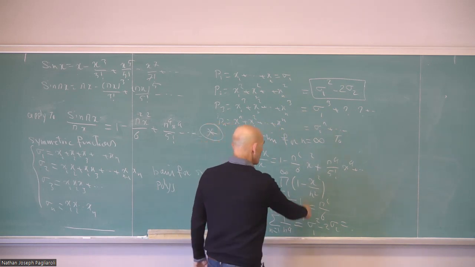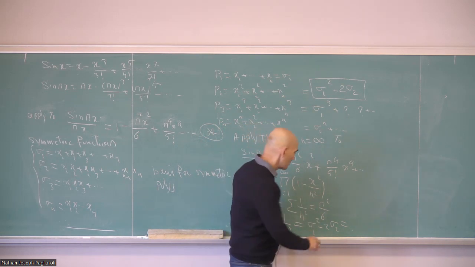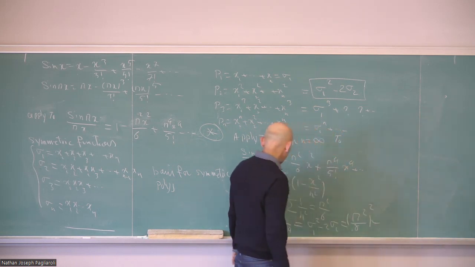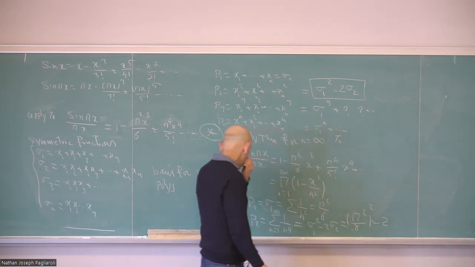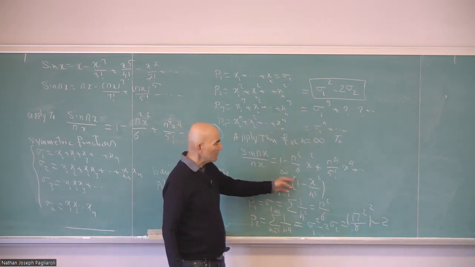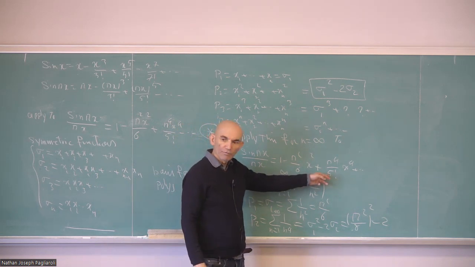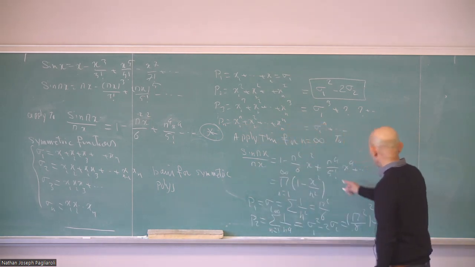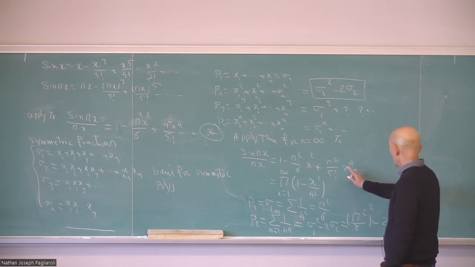Sigma 1 is pi squared over 6, so this is pi squared over 6, squared, minus 2 sigma 2. What is sigma 2? You can read it here: 1 over 5 factorial, pi to the 4. So minus 2 over 5 factorial, pi to the 4.